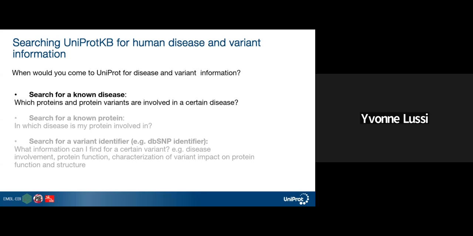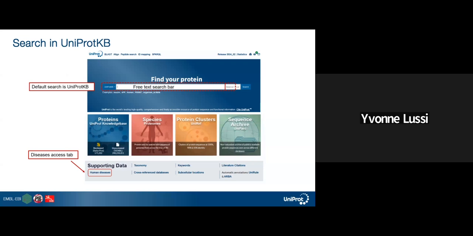So let's start with the first scenario, to search for a known disease. In UniProt, you have different search options available. You can search for a disease or a protein in the free text search bar, where the default search is set to UniProt KnowledgeBase.